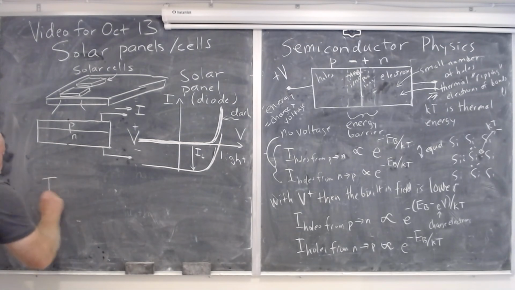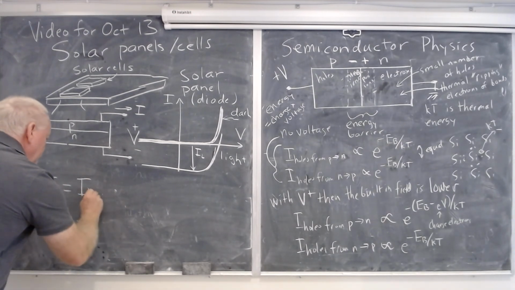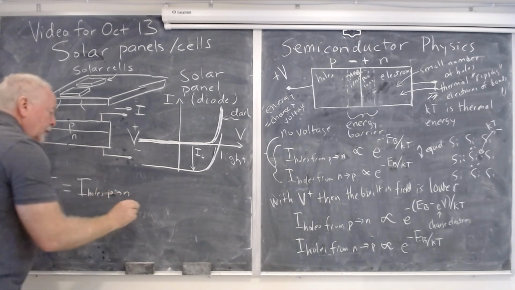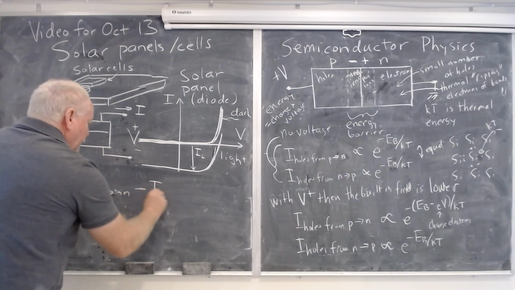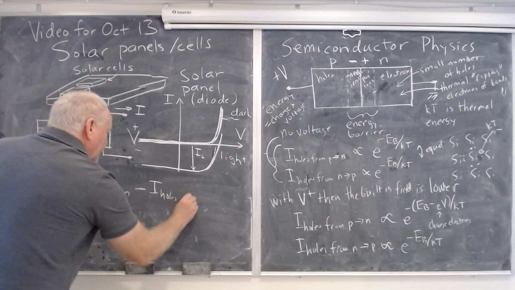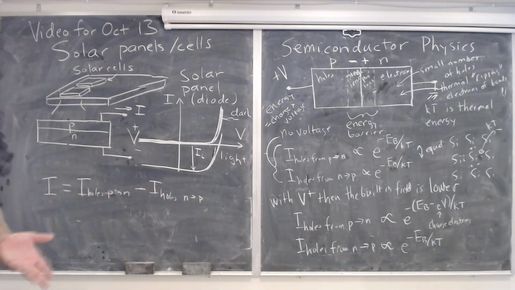The total current then is equal to the holes from P to N minus the holes from N to P. Because you subtract that.